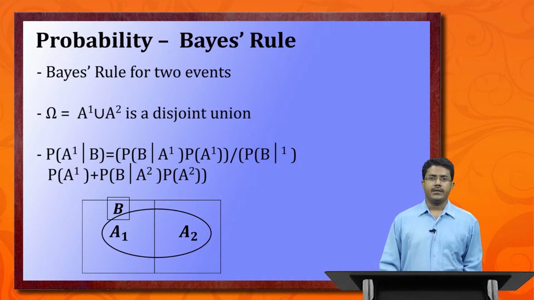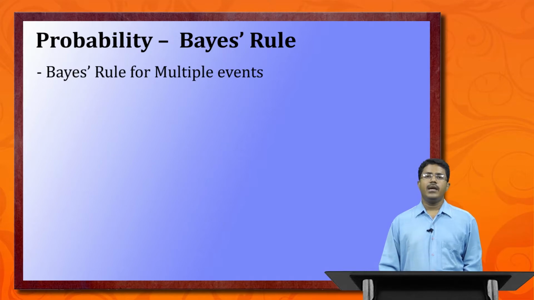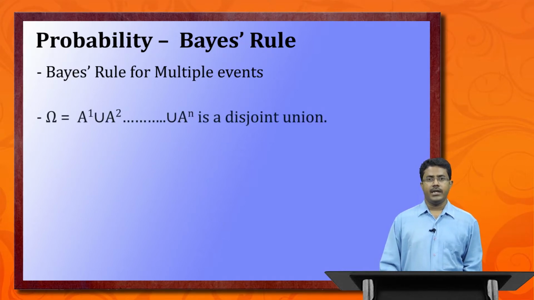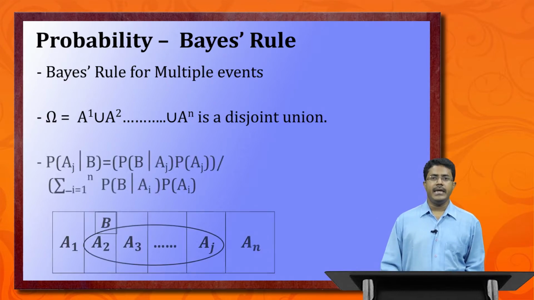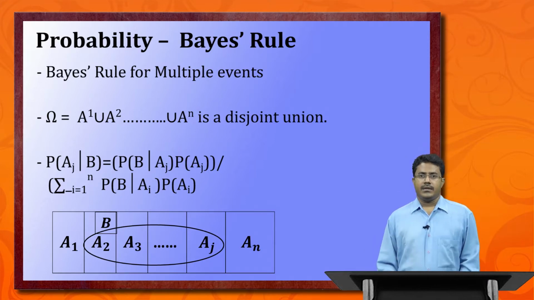plus P(B given A2) times P(A2). We calculate it this way for two events, and we will use the same formula, Bayes rule, for multiple events. We will expand the formula. If events A1, A2, A3 up to AN are a disjoint union, then P(Aj given B) is equal to P(B given Aj) times P(Aj), divided by the summation over i of P(B given Ai) times P(Ai).